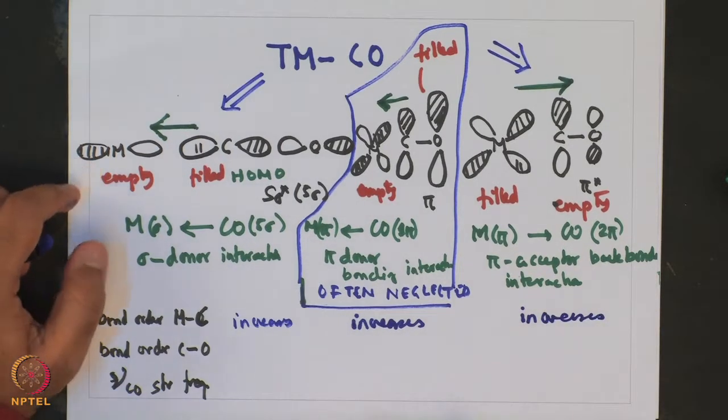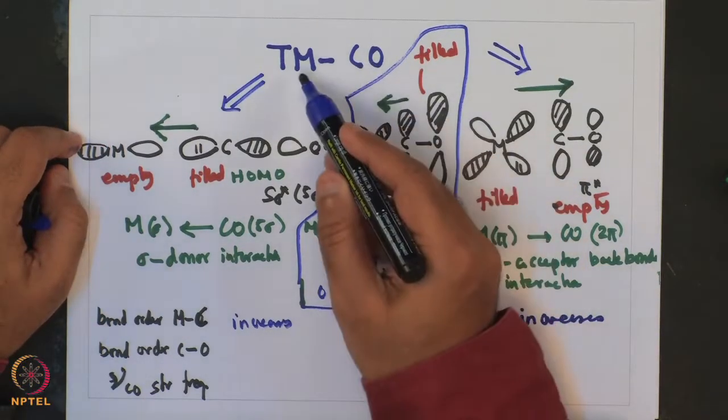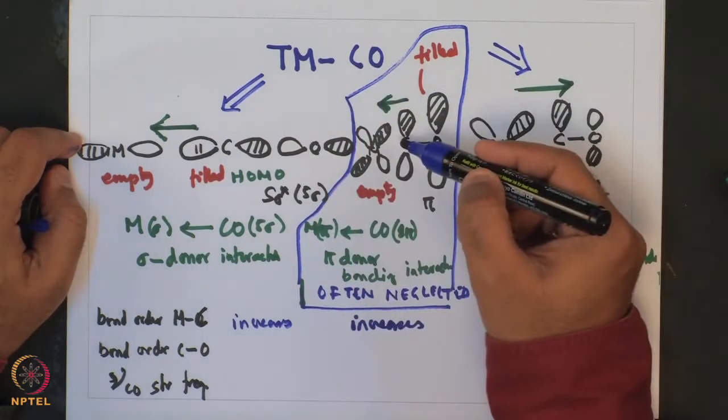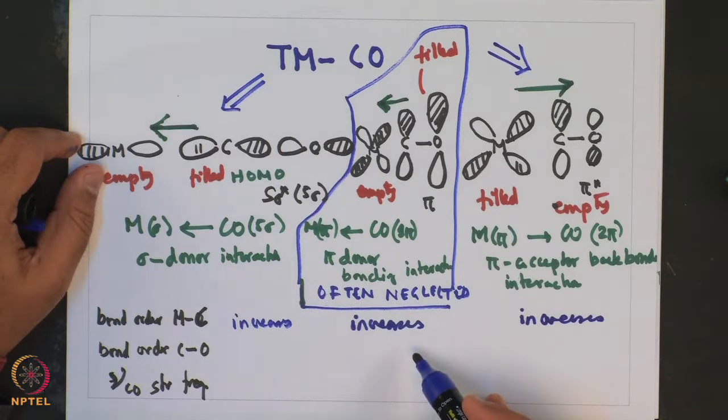So, what we see is that the interaction between CO and transition metal in forward sigma donation, forward pi donation or backward pi donation increases the bond order of metal C.